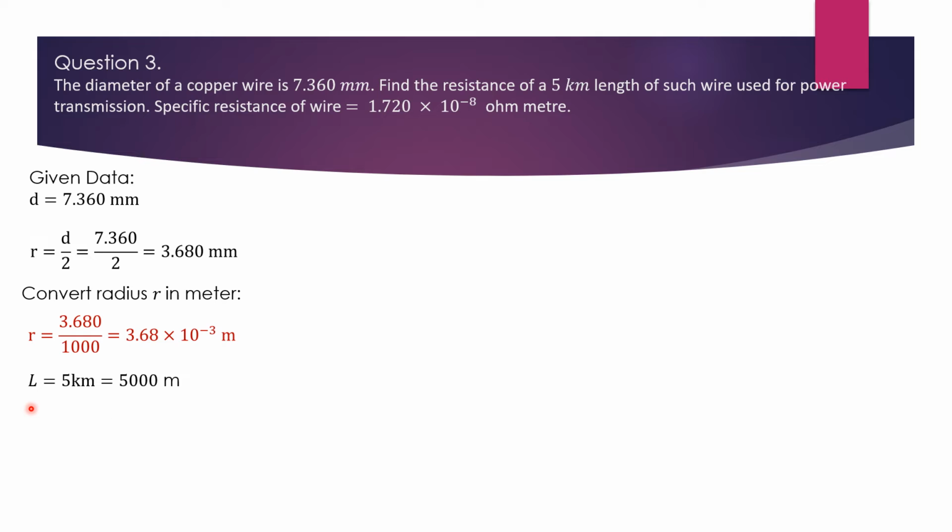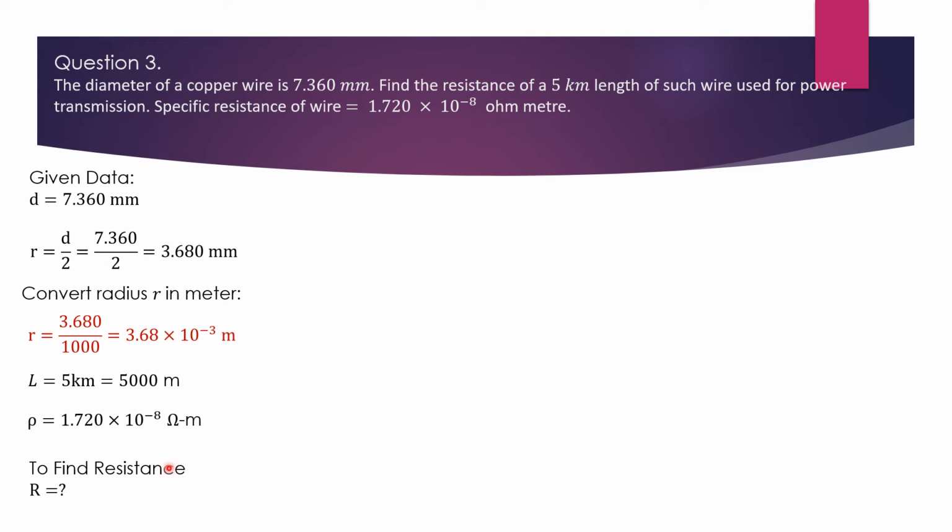The given length L is 5 kilometer, that is 5000 meters in System International. Specific resistance of the copper is rho is equal to 1.720 into 10 power minus 8 ohm meter. That is also given to us.